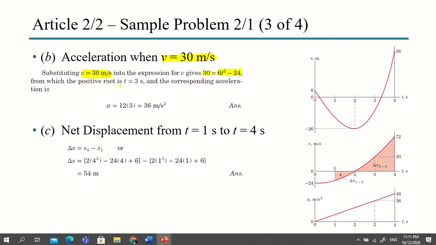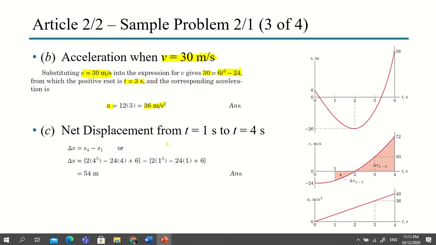Solving for t, we get t equal to 3 seconds. The corresponding acceleration: substituting the value for t, we get an acceleration equal to 36 meters per second squared.